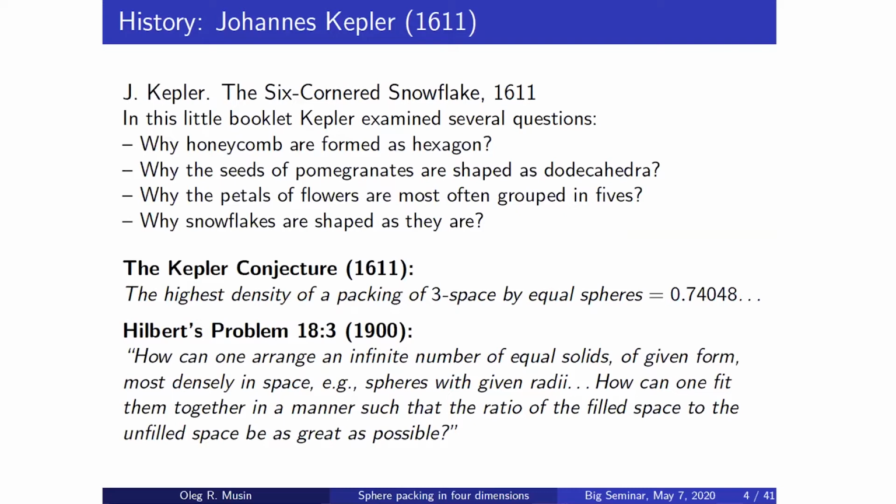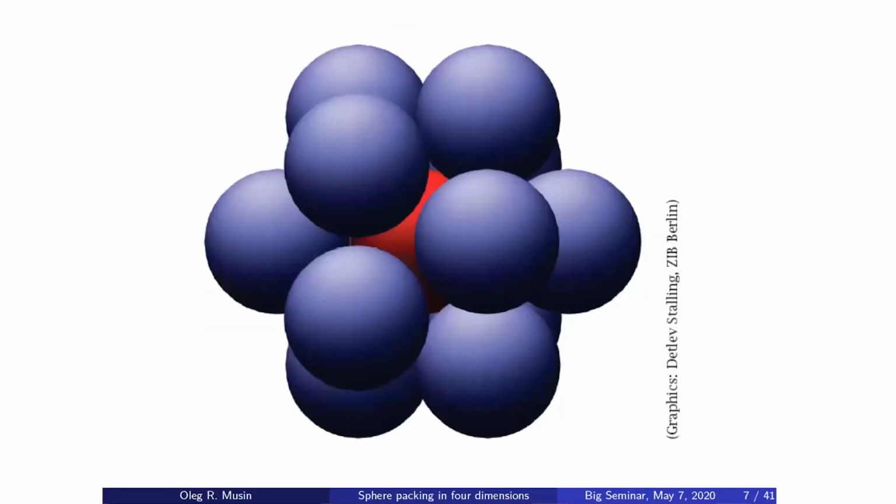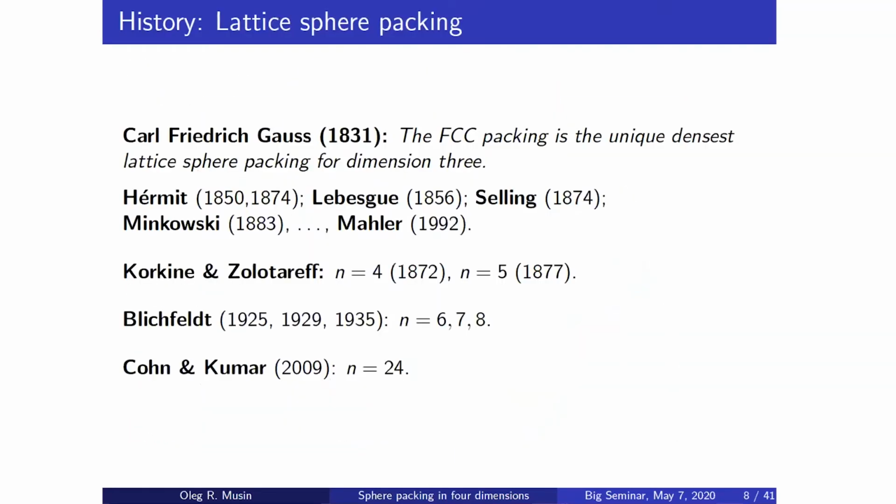We can consider any lattice, and we say that a packing is a lattice packing if the centers are nodes of a lattice. Gauss proved that in 3 dimensions, the FCC packing is the unique densest lattice sphere packing.